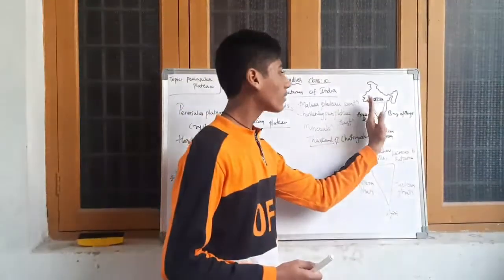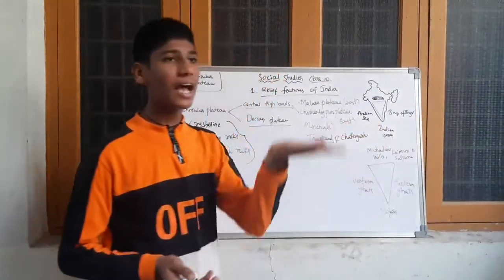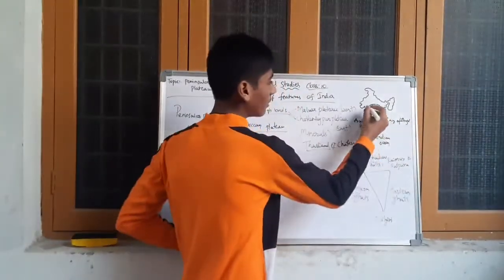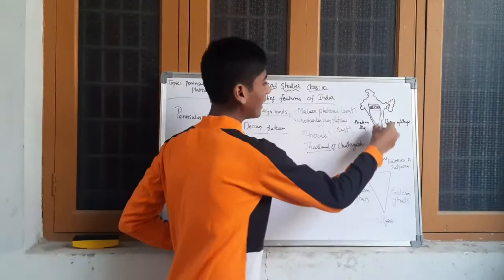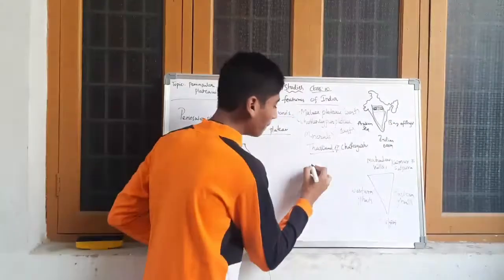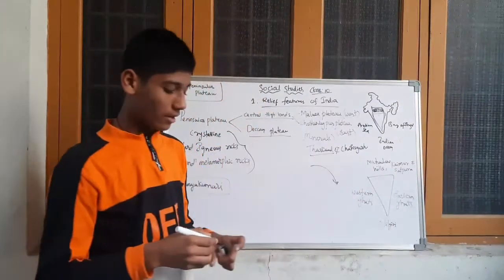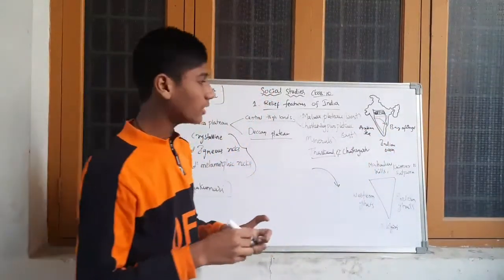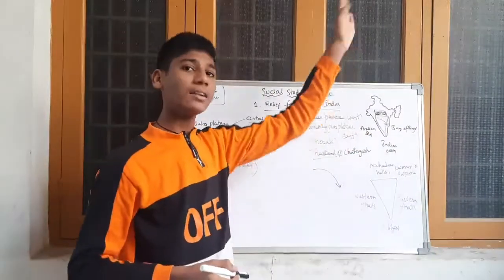The west side is higher than the east side because the total Indian Peninsular Plateau partly bends towards the east side. So the Western Ghats are higher than the Eastern Ghats.